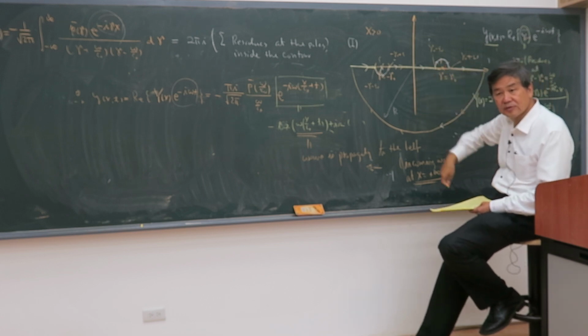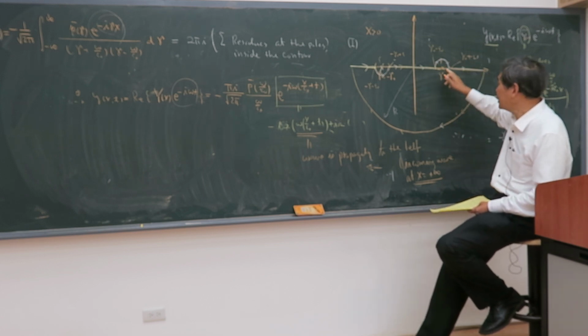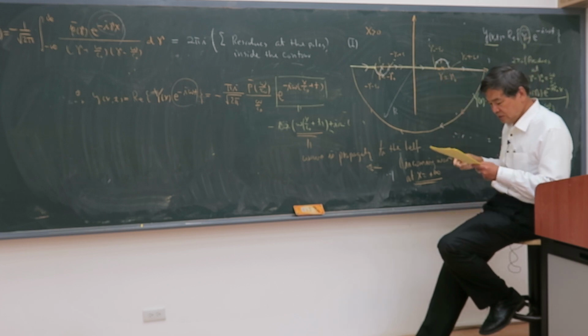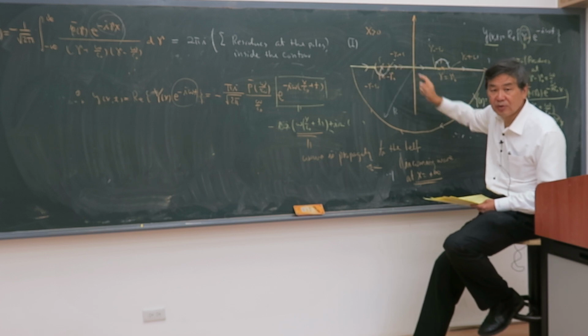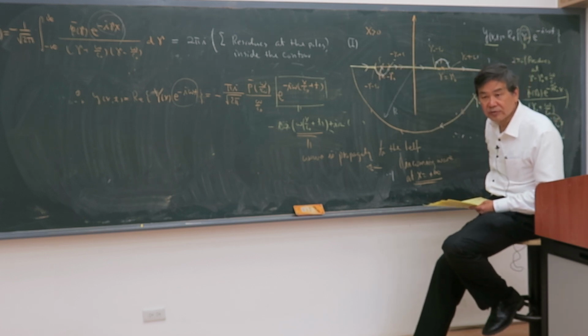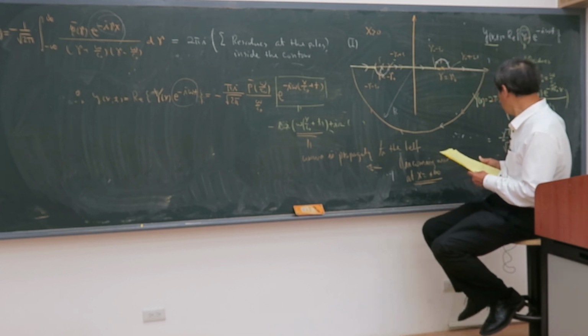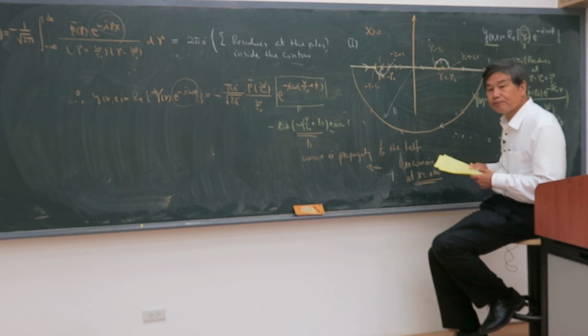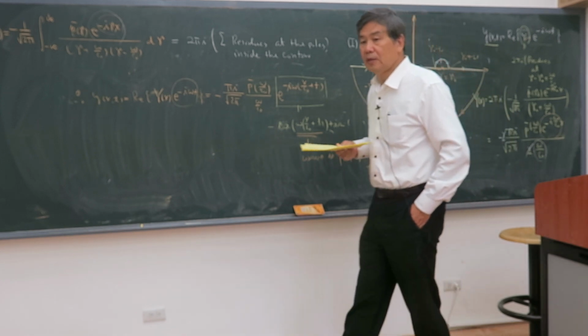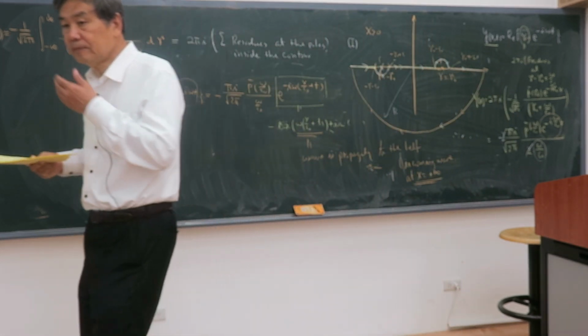Doesn't make sense. It's wrong. So we cannot choose this as a residual. We have to choose this one into our contour integration. Understand?